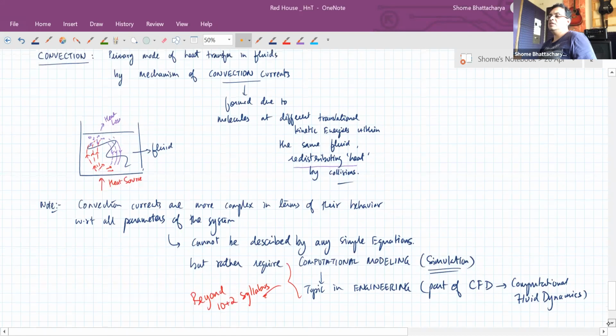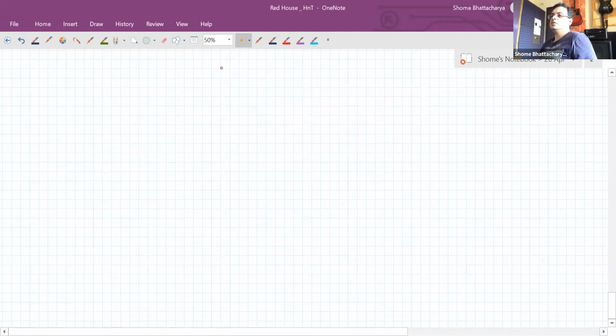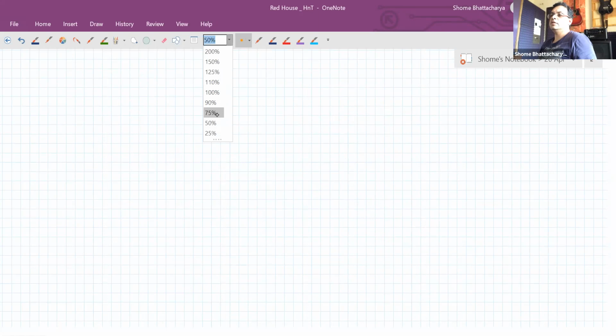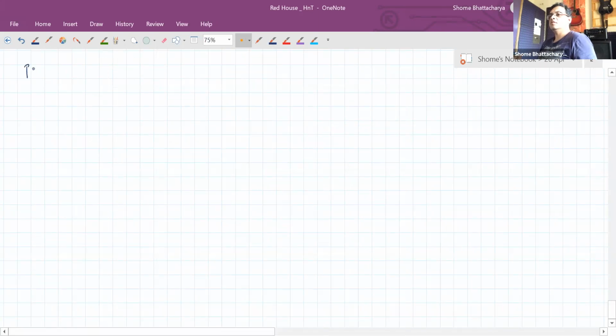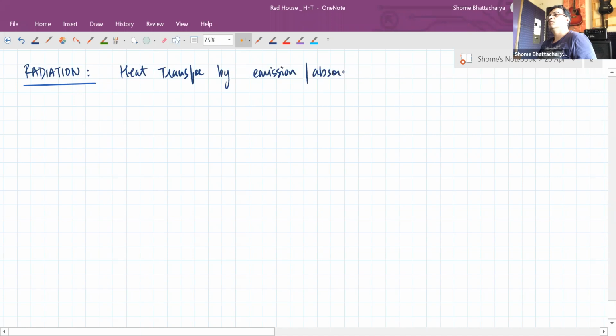Okay, now the third and the final mode of heat transfer, which we will discuss in detail, is radiation. So radiation is all about heat transfer by emission/absorption of electromagnetic waves.